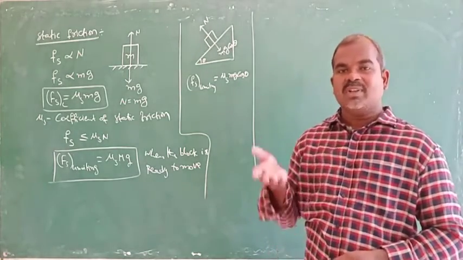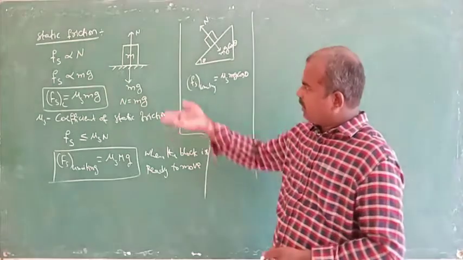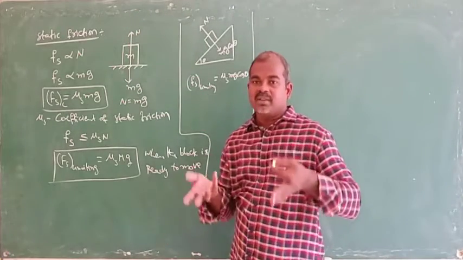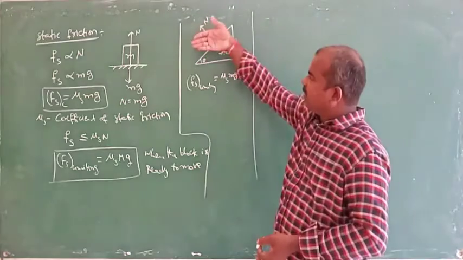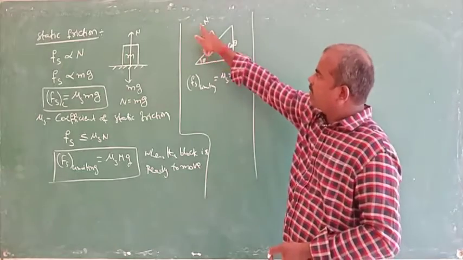Normal force depends upon the surface of the plane. Suppose the surface of the plane is horizontal, then normal force is balanced by the weight. But normal force is always perpendicular to the surface in contact.